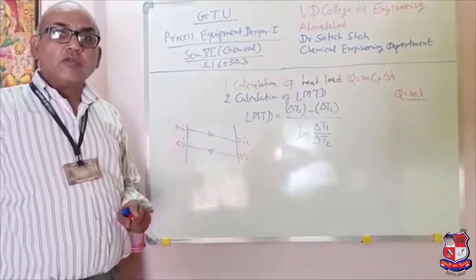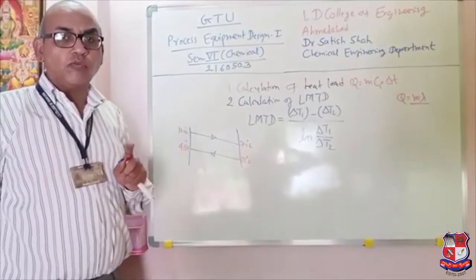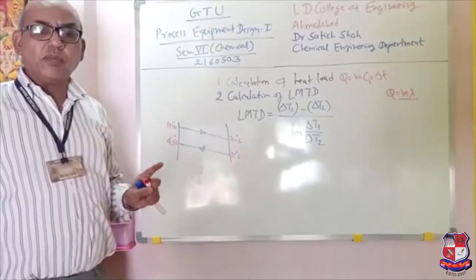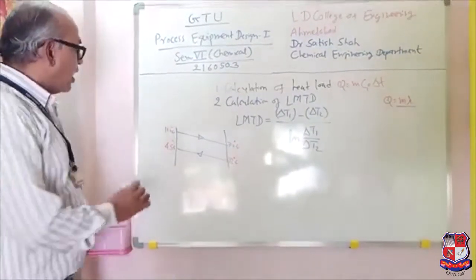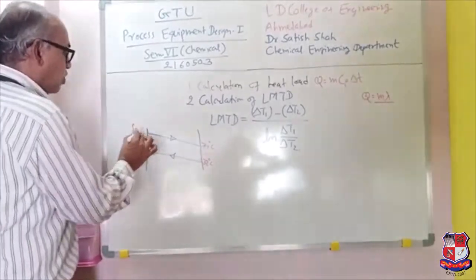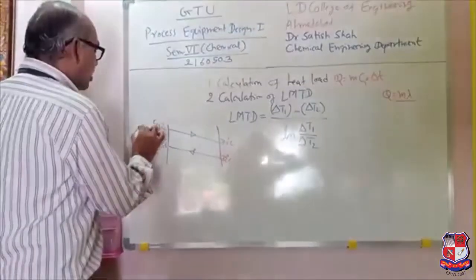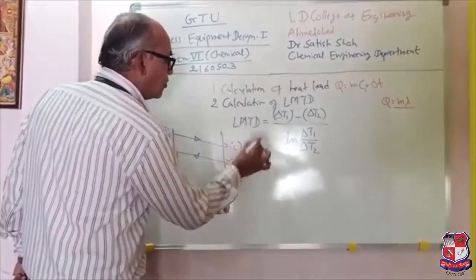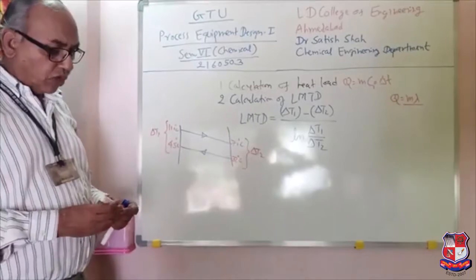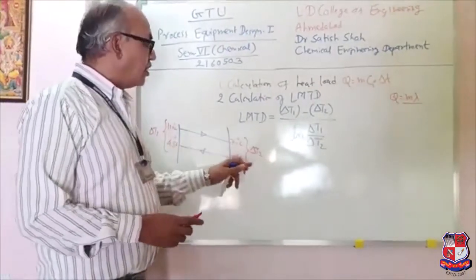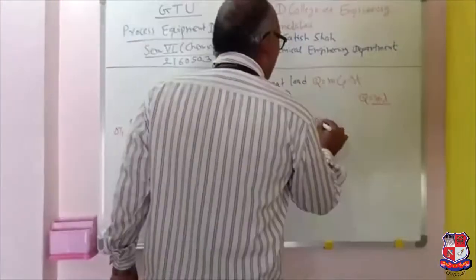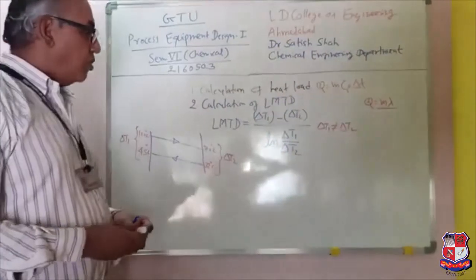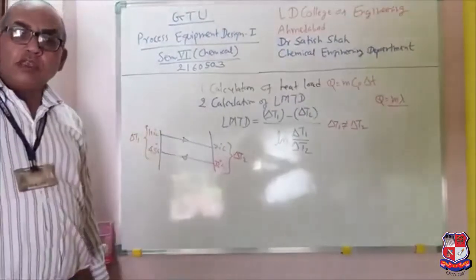But I know that whatever figure I have shown you, I have shown you 1-2 pass. But let us say, assume first here it is 1 pass, it is completely counter current flow. I will calculate the temperature difference here. What is the temperature difference here? That is known as delta T1. And what is the temperature difference over here? That is known as delta T2. So if you substitute here the values of delta T1 and delta T2, here the condition is delta T1 should not be equal to delta T2. Then you will calculate the value of LMTD.